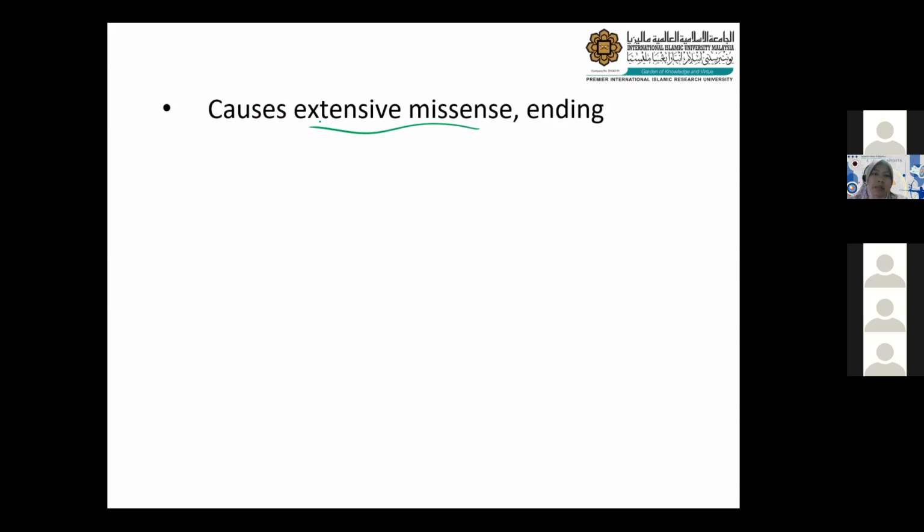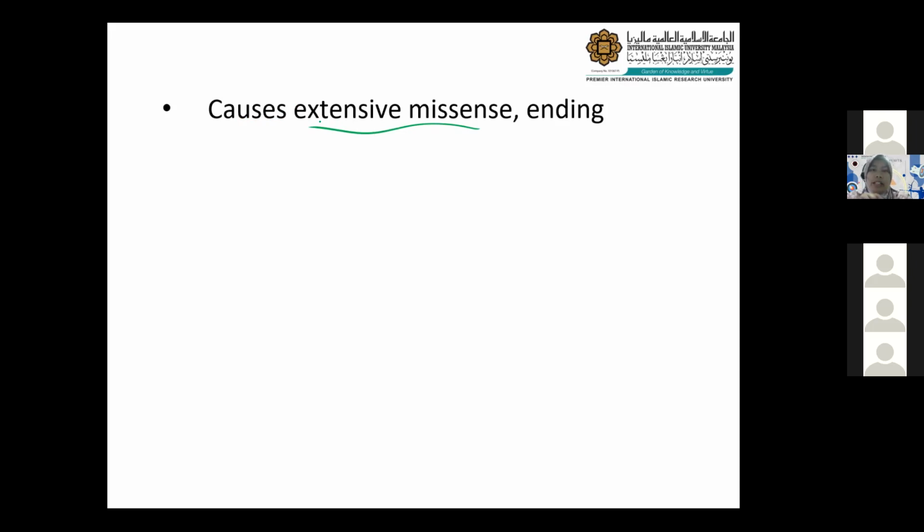Okay, let's see. Frame shift mutation causes extensive missense. Remember, how do we understand missense? It's a mistake. For substitution, it may only miss one codon, which changes into a different codon but still codes for an amino acid with similar properties.